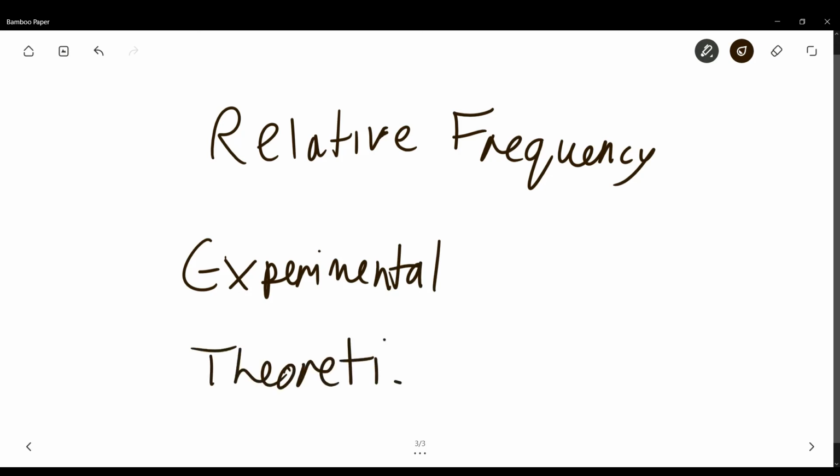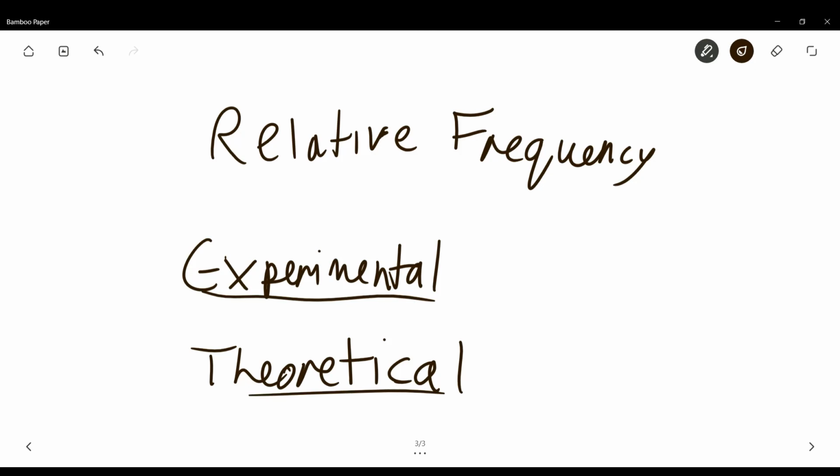Now these sound harder than they actually are. Experimental is just based on a set of results. Theoretical is just, you see a 6-faced dice, what's the probability of getting a 5? That is literally the basics of theoretical probability.